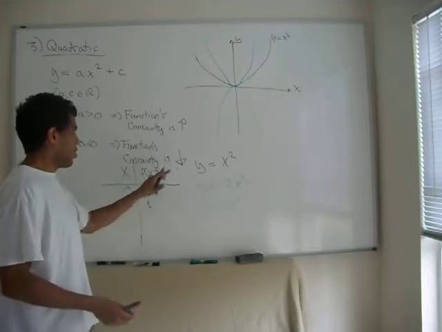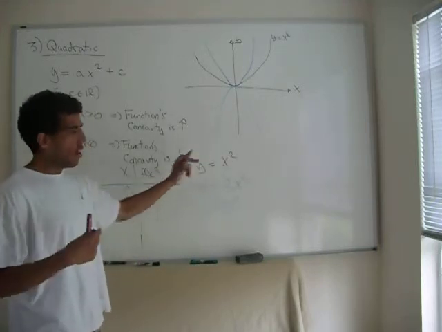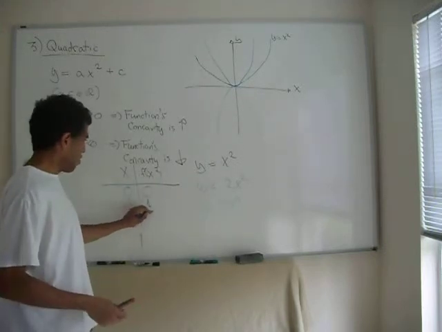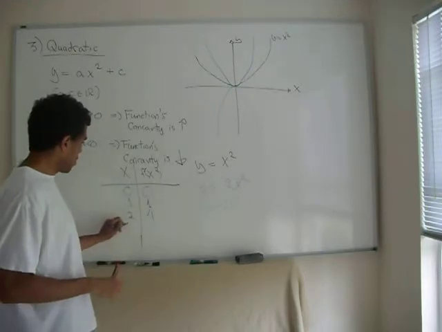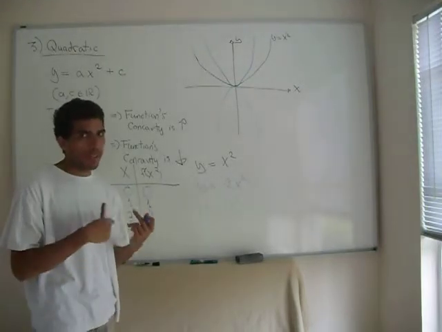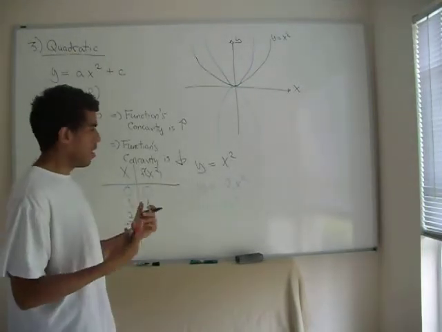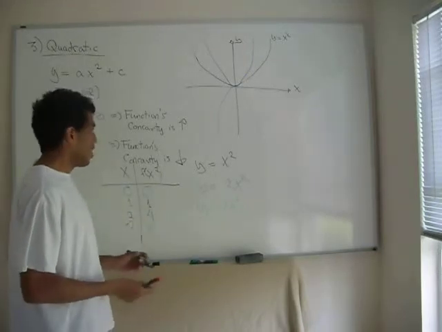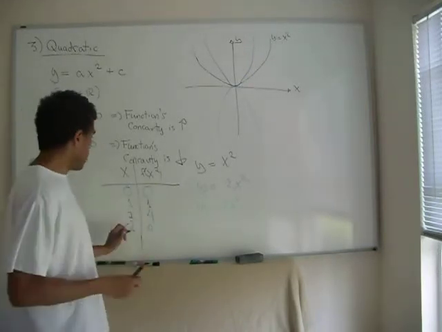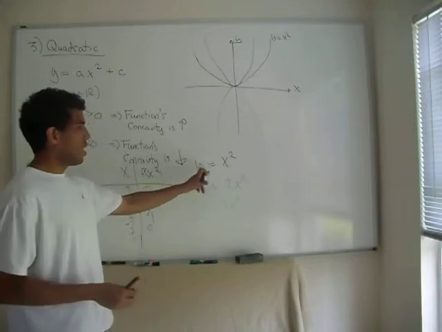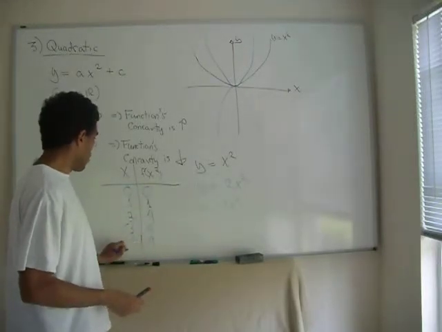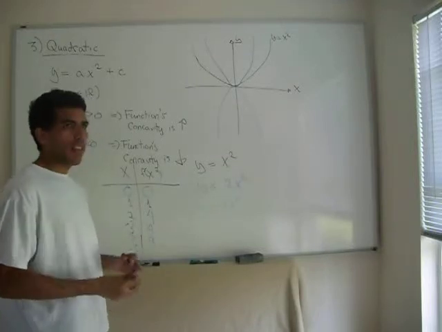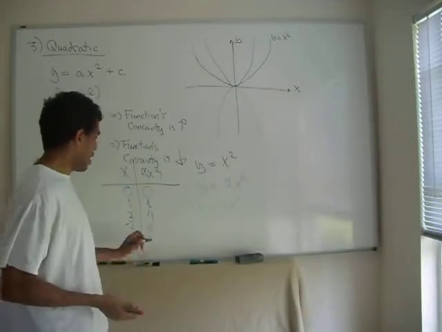If x is 2, 2 squared is 4. If x is minus 2, minus 2 times minus 2, or minus 2 squared, is 4. If x is 3, 3 times 3, or 3 squared, is 9. Minus 3, minus 3 times minus 3, is 9 as well.